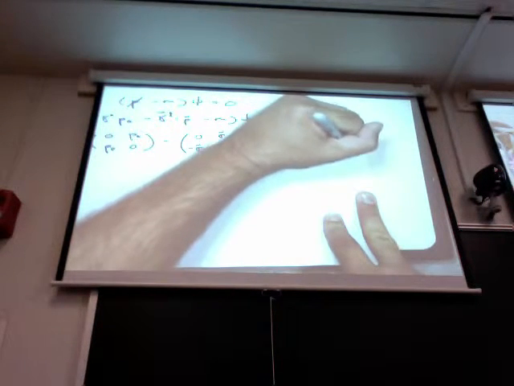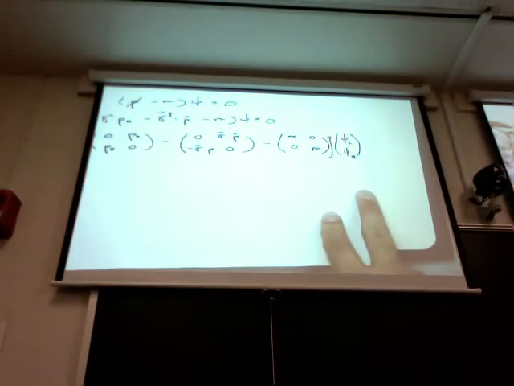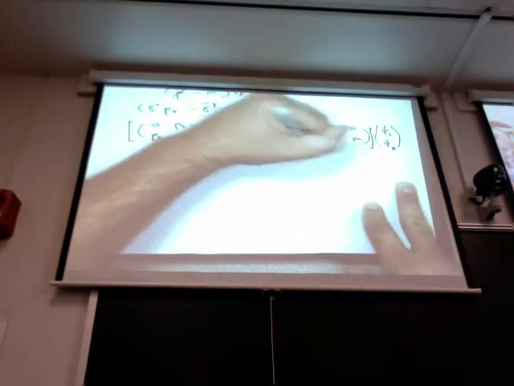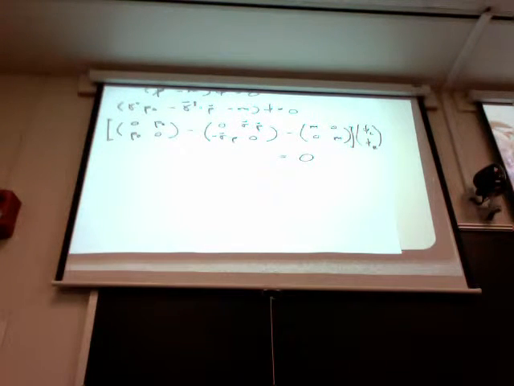For reasons unknown, I'm going to call one of these psi L and the other psi R, and on the right-hand side I still have 0. I'm just picking L and R out of a hat, just two letters at this point.